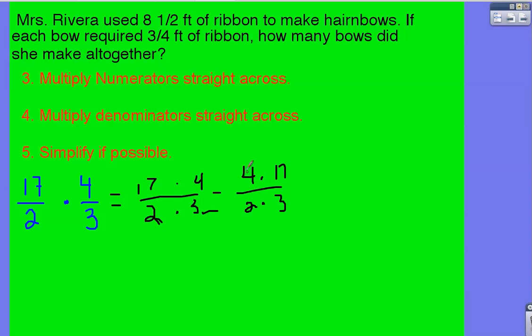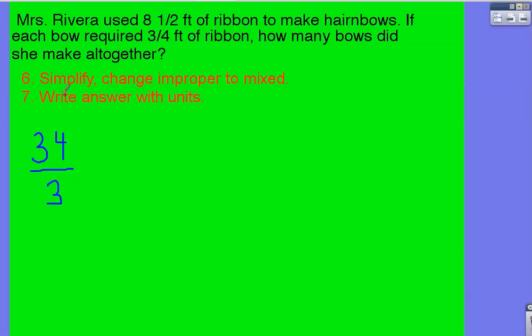And we can simplify that. 4 divided by 2 is 2. 2 divided by 2 is 1. 2 times 17 is 34. 1 times 3 is 3. Exact same as multiplication. And then we just simplify, change any improper to mixed, and write the answer with units. Again, the exact same as with multiplication.